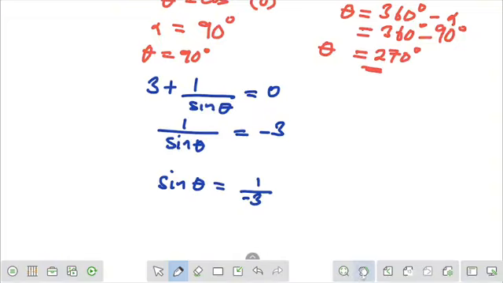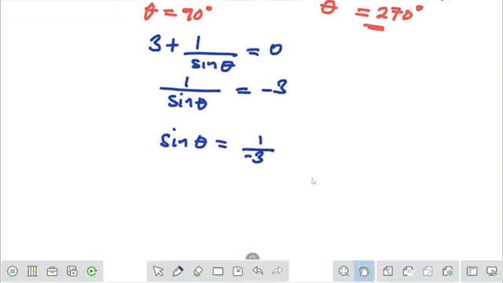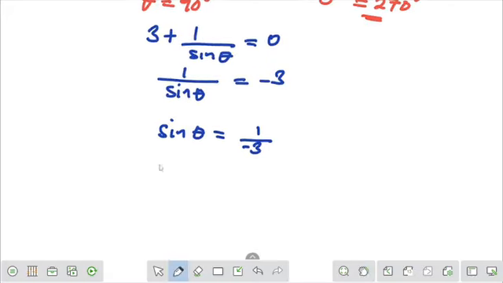Now we can proceed here. We want to find the value of, let's term this one as alpha. So alpha is equal to sine inverse of 1 over 3. When you are getting here, this 1 over 3, don't get it with a negative sign. The negative sign is just telling us that sine is negative.